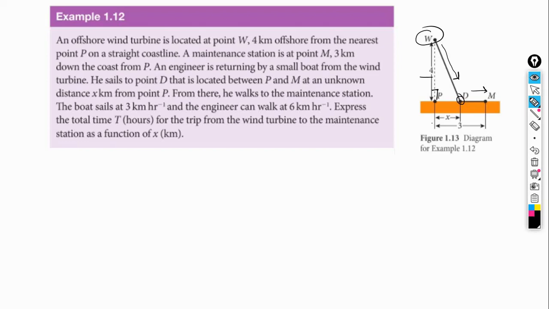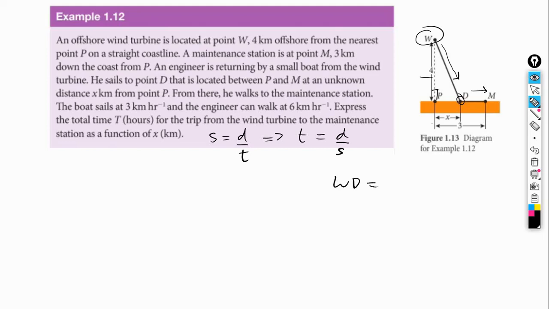Okay, so for this, we have to remember that speed is equal to distance over time. Therefore, time is equal to distance divided by speed. And notice that these two distances, WD and DM, can be expressed in terms of x, because WD, using Pythagoras, would be the hypotenuse of that right triangle.